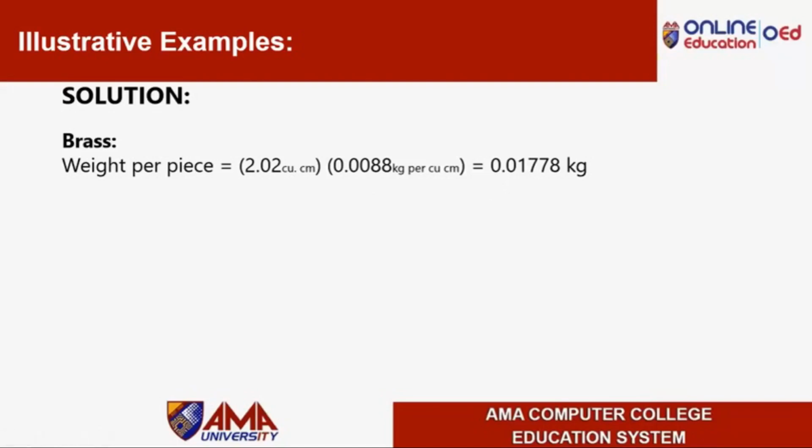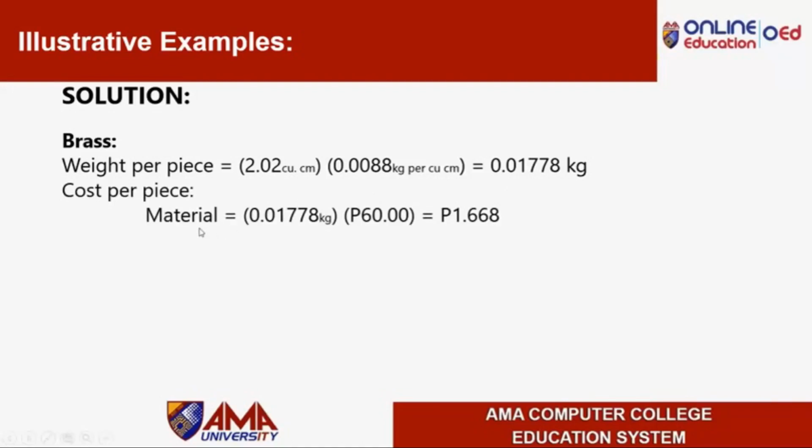So that's the weight of the brass per piece. Then the material cost per piece is that weight multiplied by the price of the brass, which is 60 pesos. So the answer is 1.668.